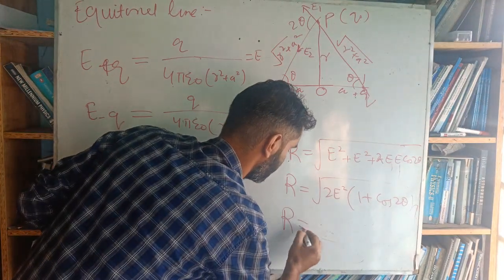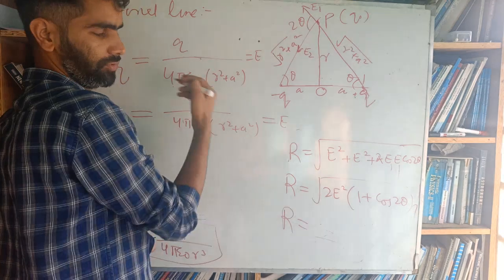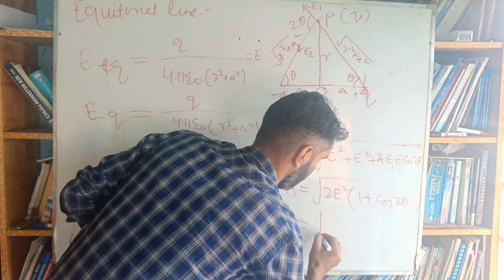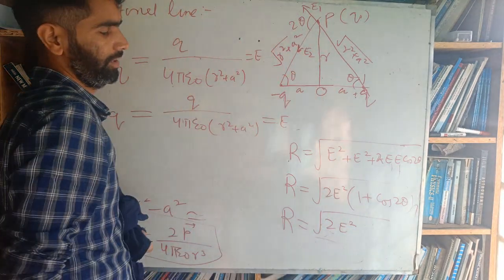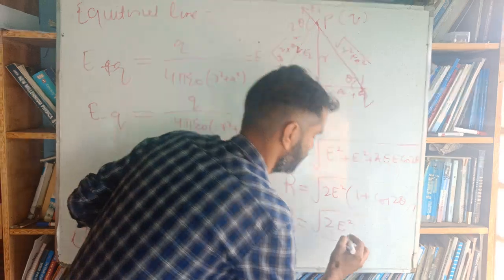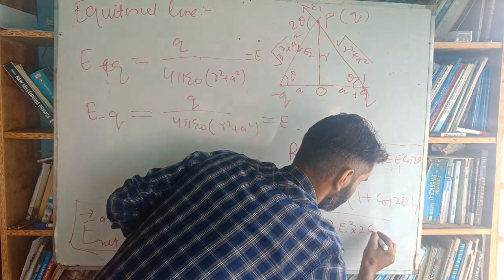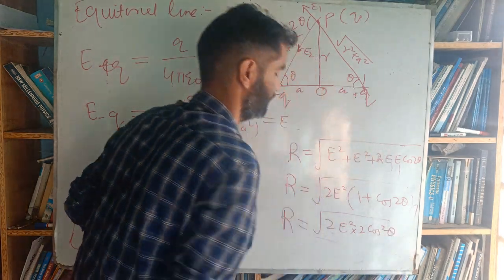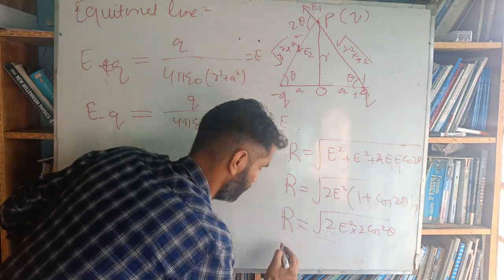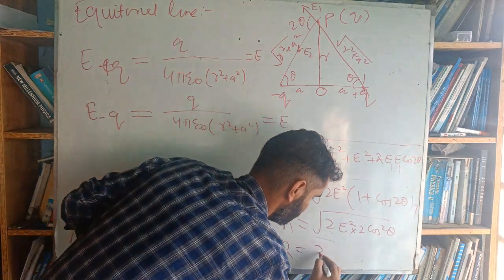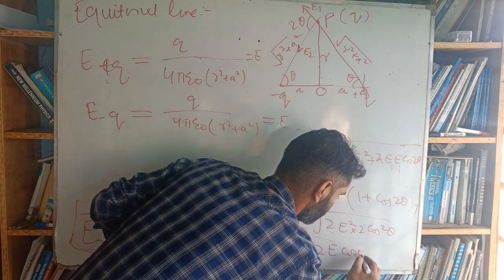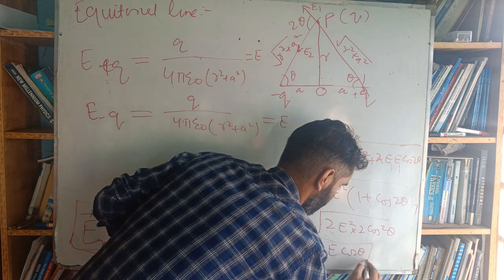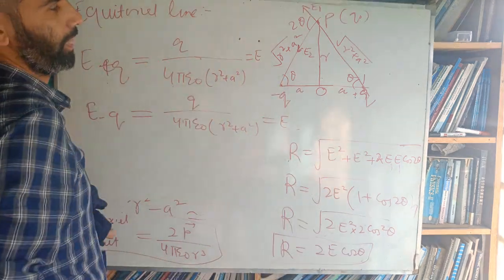The R, resultant of the two electric fields, will be under root of 2 E square, using the identity 1 plus cos 2 theta equal to 2 cos square theta. So R will be equal to 2 E cos theta. This will be the resultant of these two electric fields.